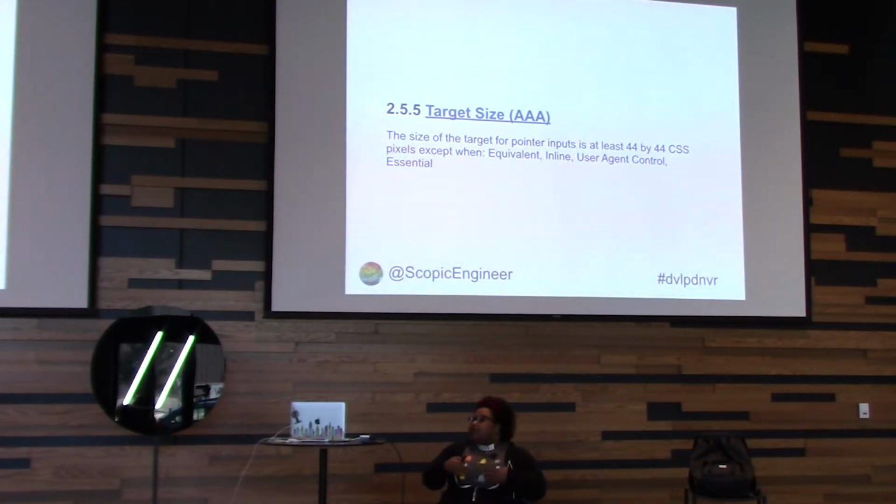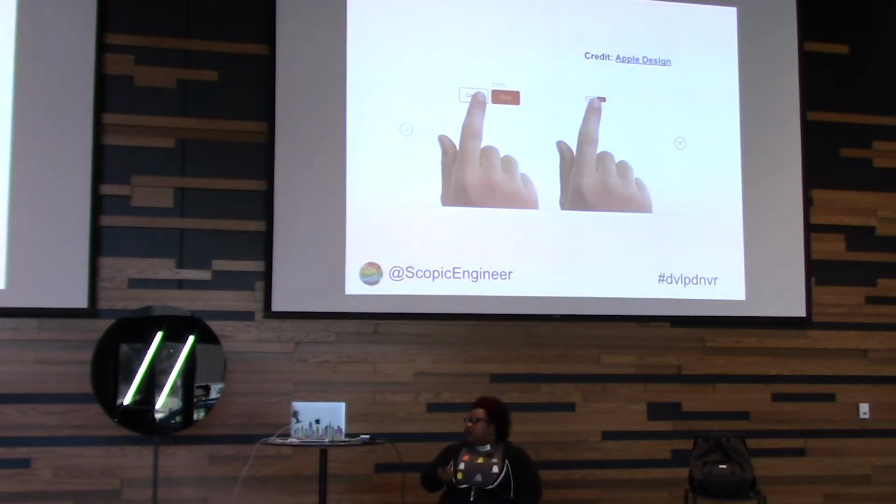Next up is target size. This is the size of the target for pointer inputs, at least 44 by 44 CSS pixels, except when equivalent, inline, user agent control, or essential. So this is pretty self-explanatory. On the screen, I took this directly from Apple.